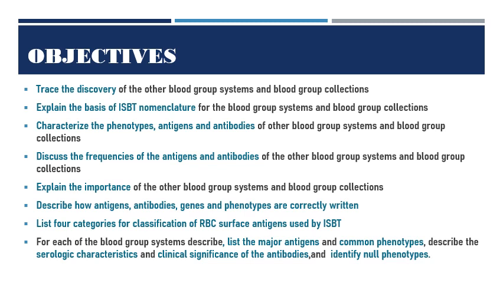List 4 categories for classification of RBC surface antigens used by ISBT. For each of the blood group systems described, list the major antigens and common phenotypes. Describe the serologic characteristics and clinical significance of the antibodies, and identify null phenotypes.